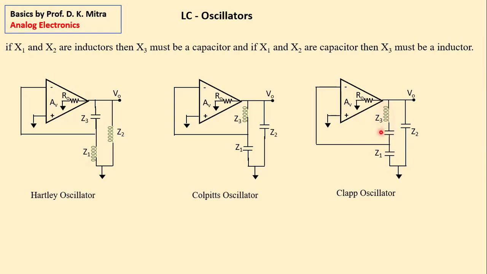That is, this impedance is equal to j omega L minus 1 upon j omega C. This total value should be positive. These are the basic three types of LC oscillators, right?